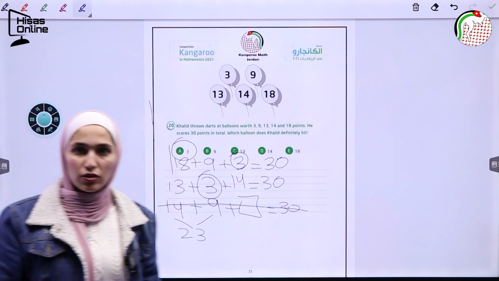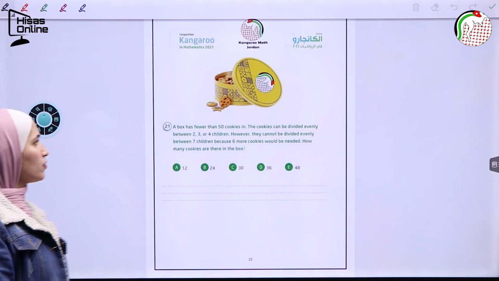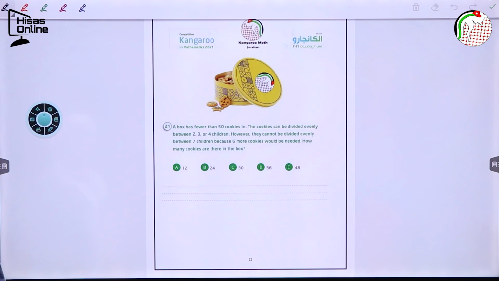Now question number 21. A box has fewer than 50 cookies in. The cookies can be divided evenly between 2, 3, or 4 children. However, they cannot be divided evenly between 7 children because 6 more cookies would be needed. Okay, so how many cookies are there in the box?